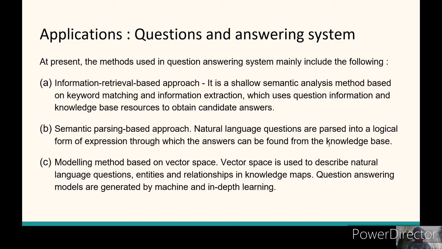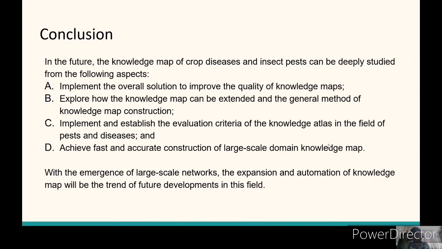Now, let us conclude this presentation. So with the development of information technology, data in the field of crop diseases and insect pests have been accumulated. Constructing knowledge graph can improve the management, the extent of sharing, and application of crop pest and diseases knowledge.